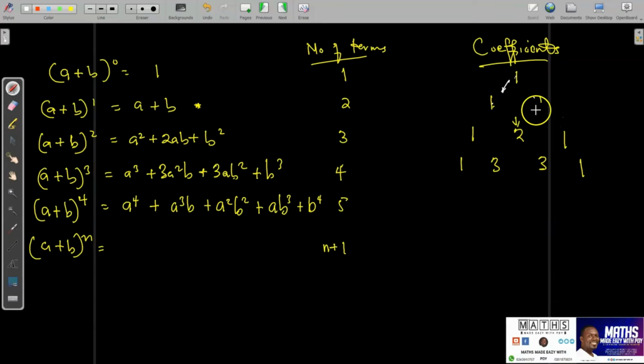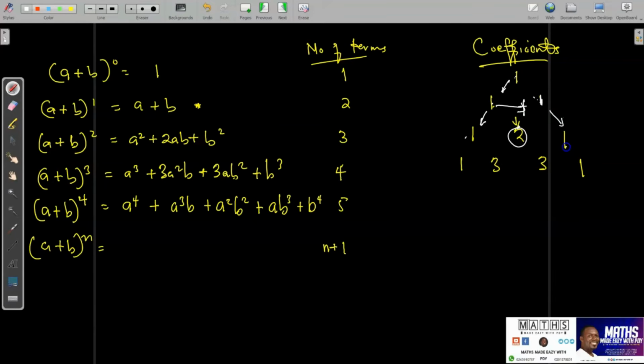The first and last is always repeated, but the next is going to be added on. Therefore, we repeat the 1 here and we add the 1 to whatever we have here and write the answer down here, which is 2. And then we repeat our 1 here.